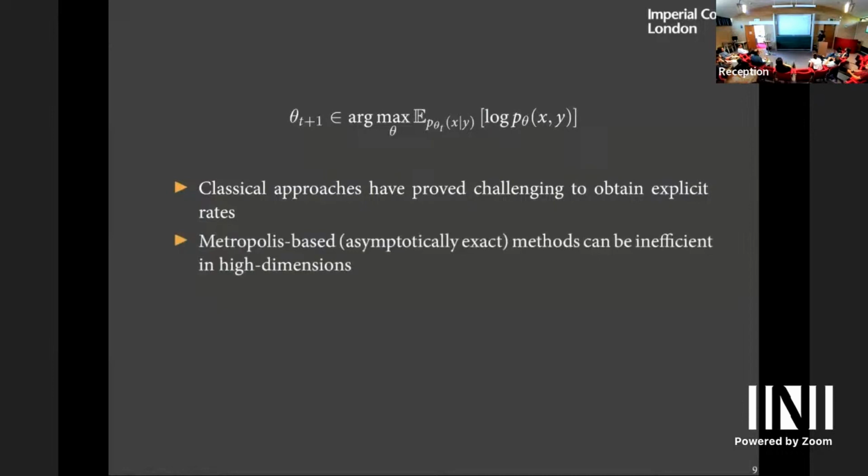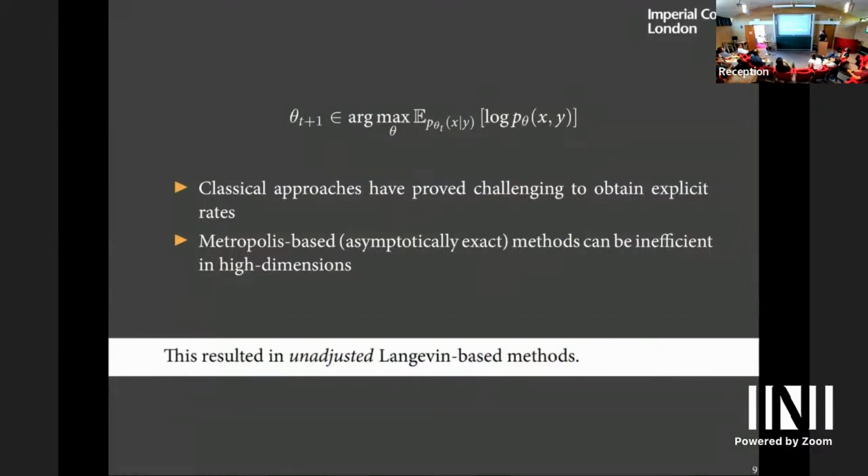Also, I don't know how much this is still true, but the story around Metropolis-Hastings, people started skipping it, especially Alain with the ULA, is that sometimes Metropolis-Hastings based algorithms can be inefficient in high dimensions. So these two things motivate what I'm going to describe next, right? We are going to try to do some sampling of this posterior without using Metropolis algorithms, and try to get rates. This, of course, resulted in using unadjusted Langevin-based methods for this sort of problem. I skipped a whole bunch of literature now. I'm just going directly into what people did.